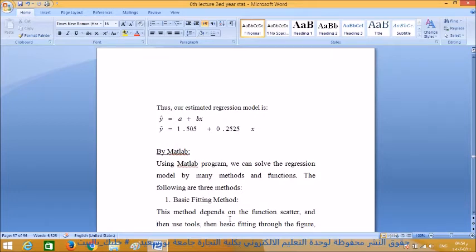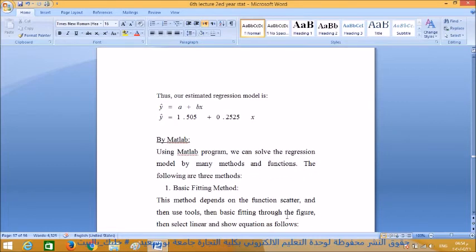This model depends on the scatter function, the figure which we drew before, and then use tools, then basic fitting through the figure, then select linear and show equation as follows.